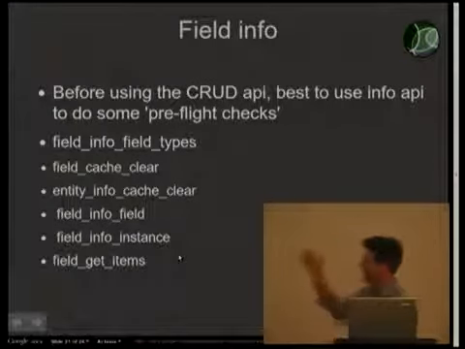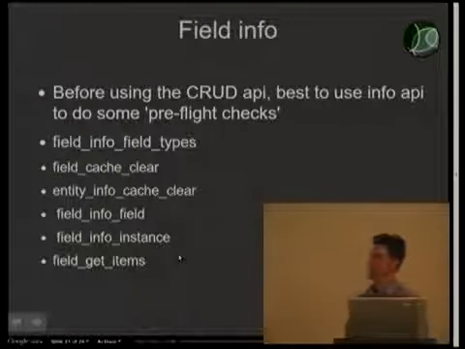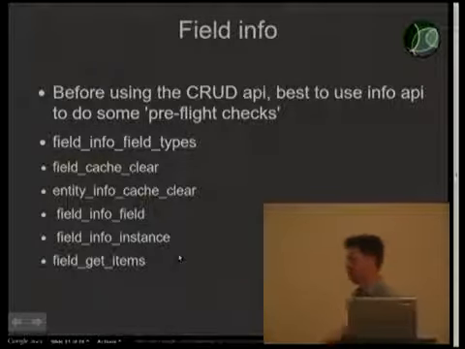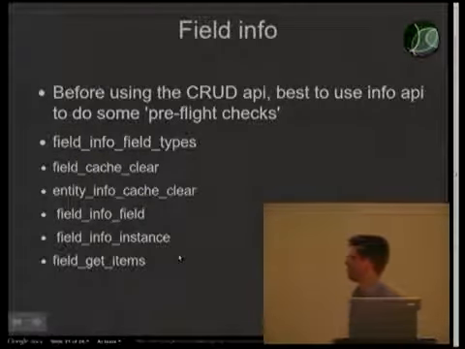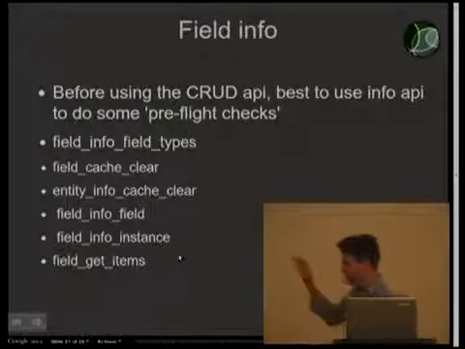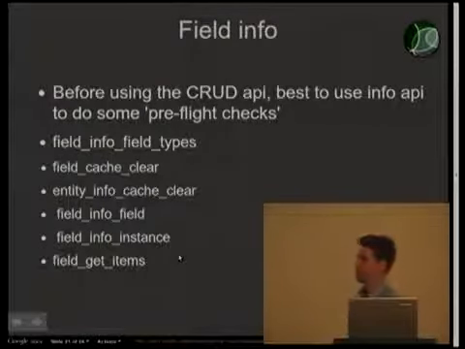I've thrown up about six or so there, but field_info_field_types will tell you what types are defined. Is there a Boolean? Is there a commerce order reference field? Is there a product reference field? field_cache_clear will make sure that your field_info_field_types gives you the most up-to-date value.